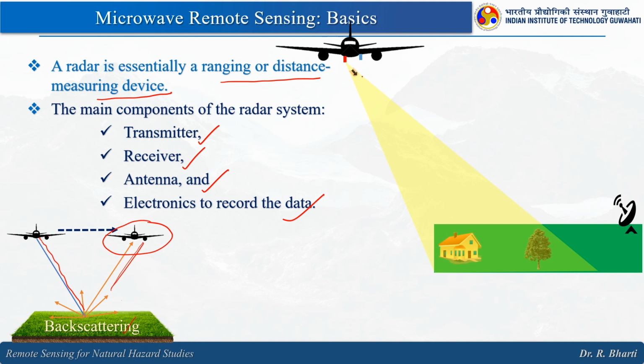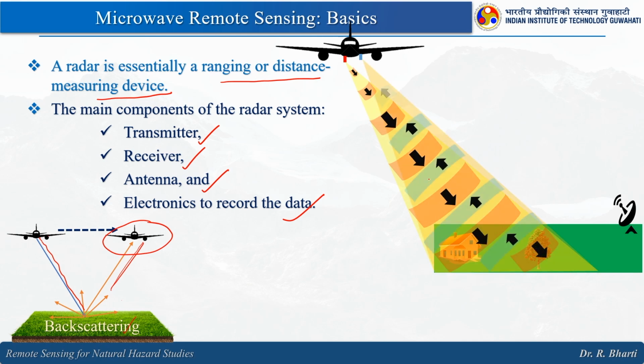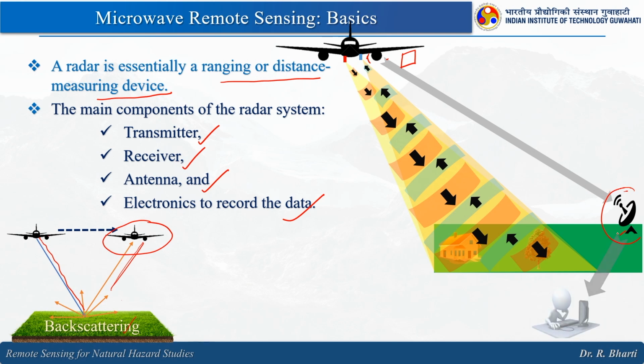Now, here if you see, the signals are sent, and the house is interacting first with this signal. So, it will start sending the pulses first, and then it will be recorded here. This recorded signal will be stored, and then sent to the ground station when it comes in proximity of the ground station, and then it will be circulated to the users.